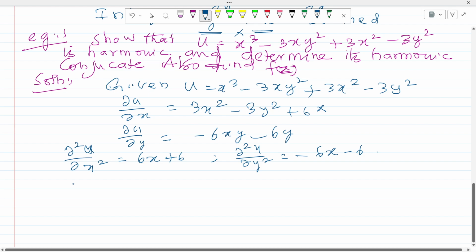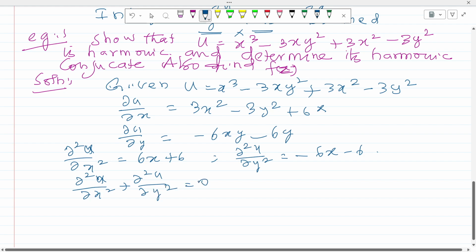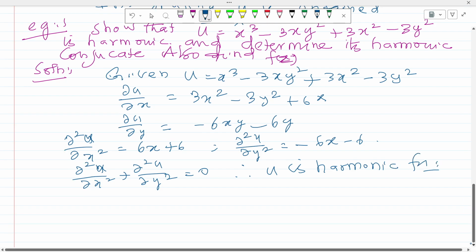So adding these two, ∂²u/∂x² plus ∂²u/∂y² equal to 0. Therefore, u is harmonic. So we found the first one.